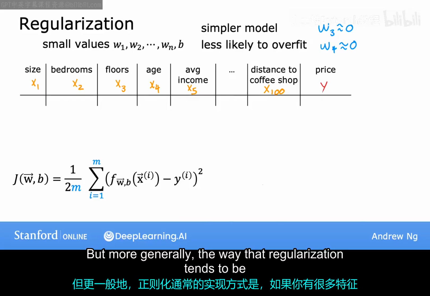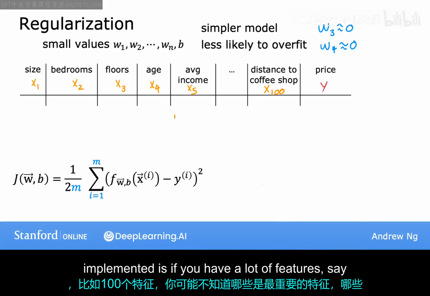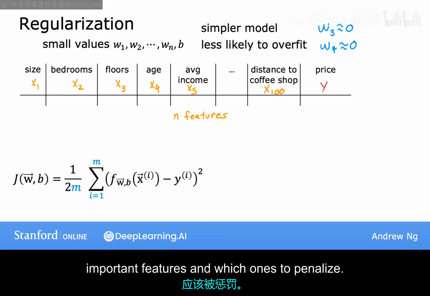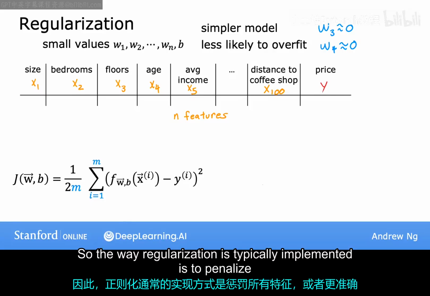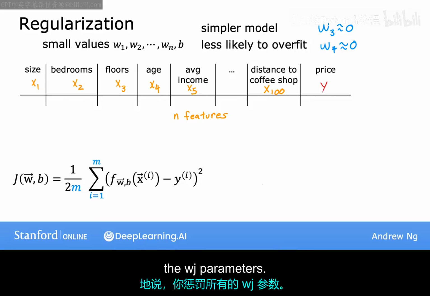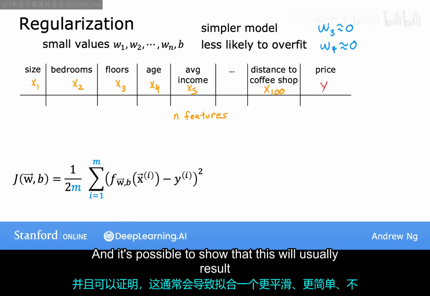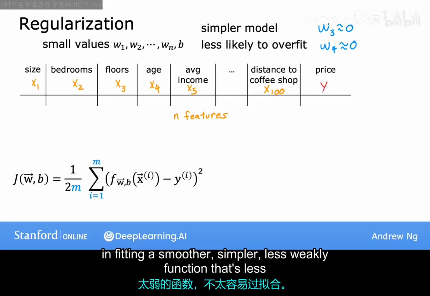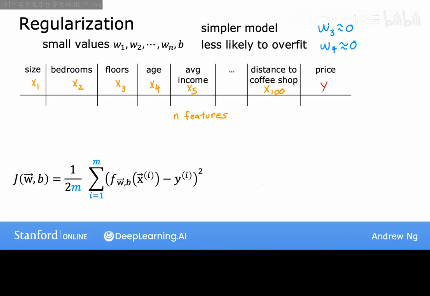But more generally, the way that regularization tends to be implemented is, if you have a lot of features, say 100 features, you may not know which are the most important features and which ones to penalize. So the way regularization is typically implemented is to penalize all of the features, or more precisely, you penalize all the wj parameters. And it's possible to show that this will usually result in fitting a smoother, simpler, less wiggly function that's less prone to overfitting.